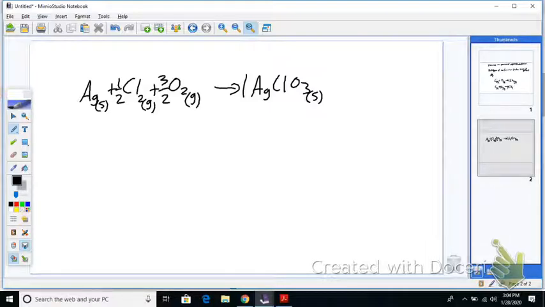Let me have you do a couple, and then we're going to move on to show how those enthalpies of formation will work. Okay? So I'm just going to have you do a couple here. Do K2CO3.